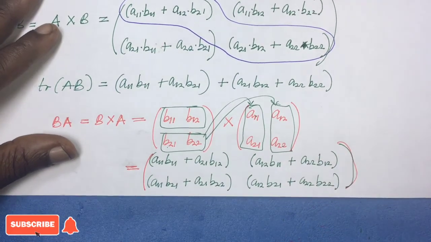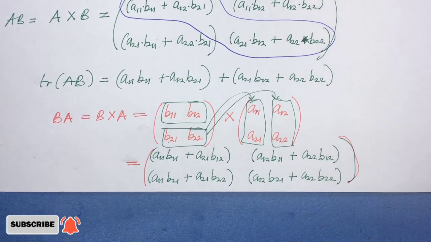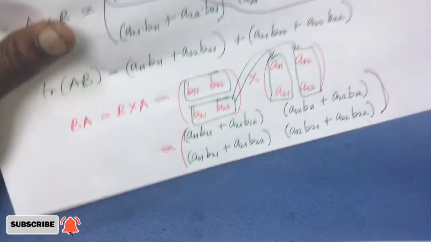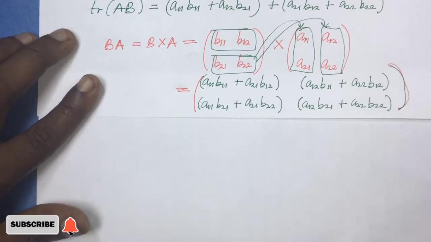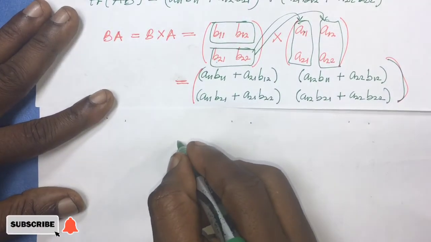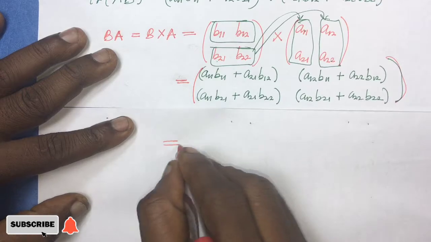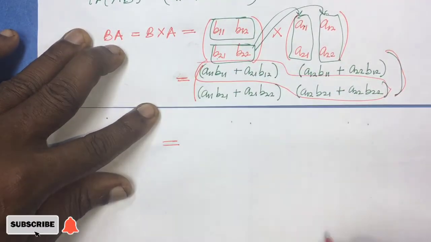Now, what will be the trace of this? Now, let me take this forward. So the trace of this will then be, obtaining the result, that is adding this, okay?